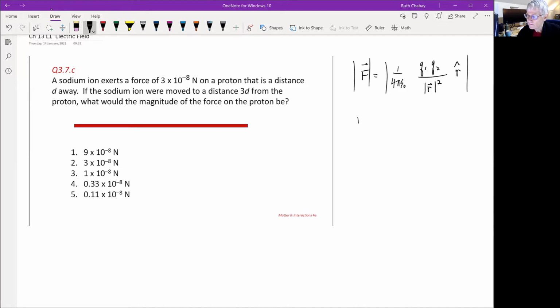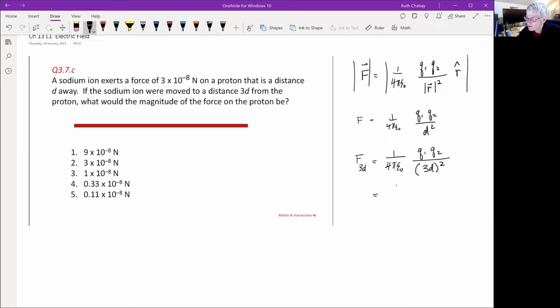So the original force is a constant times Q1, Q2 over some distance d squared. The force at a distance 3d is going to be 1 over 4 pi epsilon 0 times Q1, Q2 over the quantity 3d squared, right?